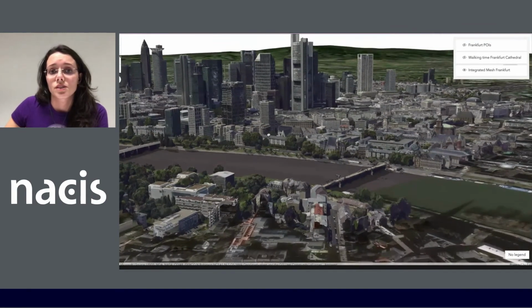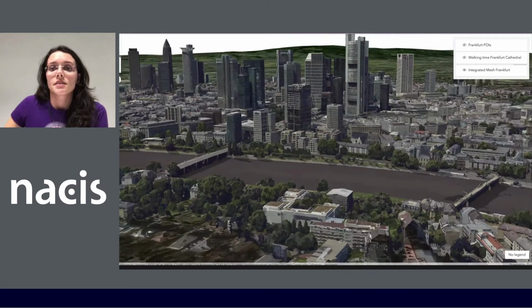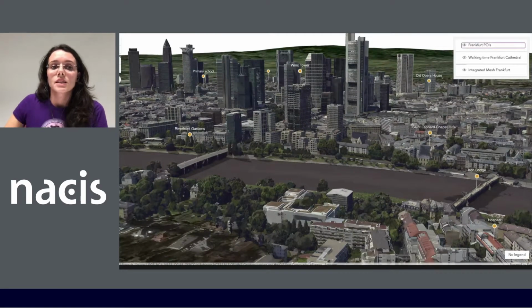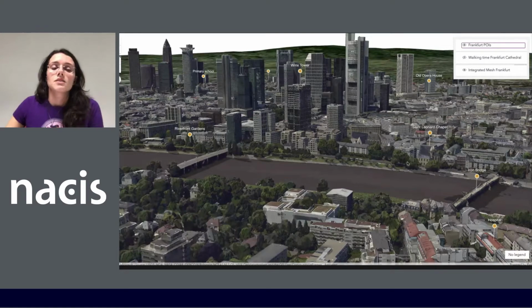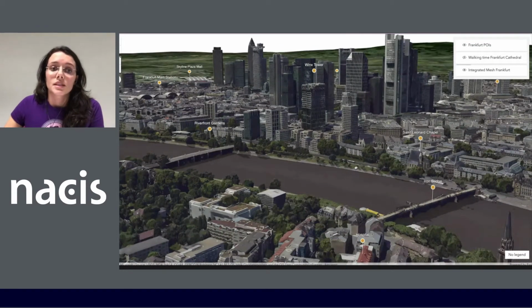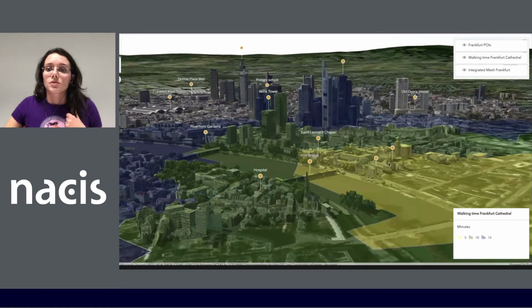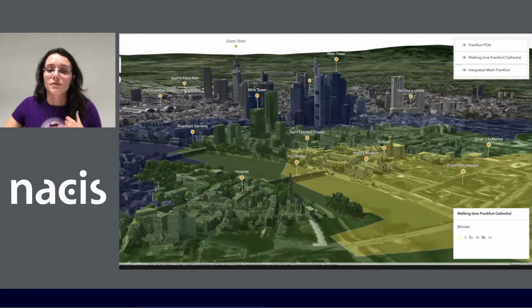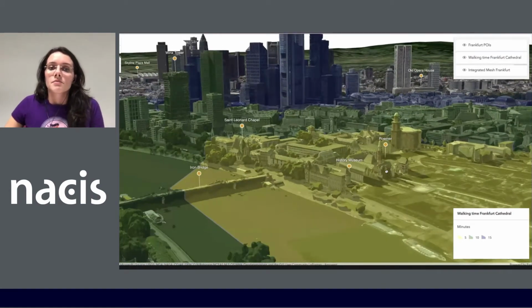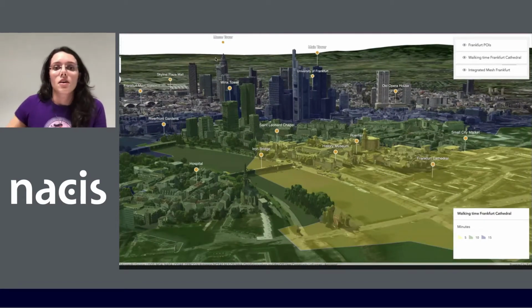Someone who knows San Francisco will recognize immediately these skyscrapers. What I want to show you is that, depending on the message you want to send, you can create such a visualization and annotate buildings, for example, enriching all this data with more information. Or here I have walking time to the Frankfurt Cathedral. It's very powerful, and it depends a lot on the message that you want to send.